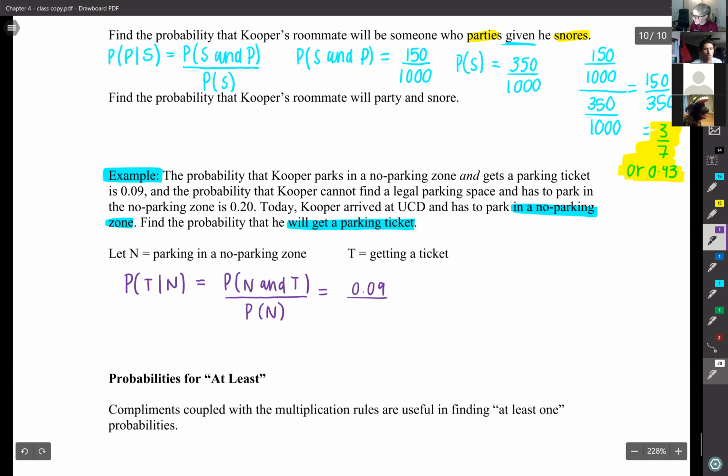And we're told the probability that he can't find a parking space and has to park in the no parking zone is 0.20. And if you just divide these two, you get 0.45. So it's just a matter of filling in the information that you're given into the formulas that you have.